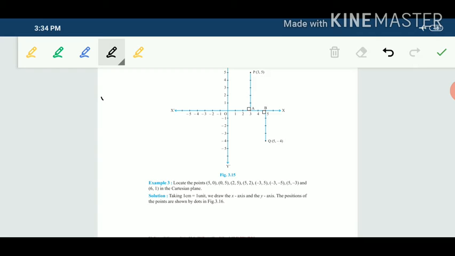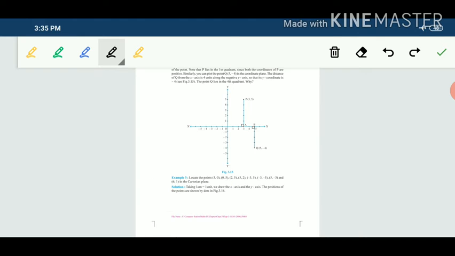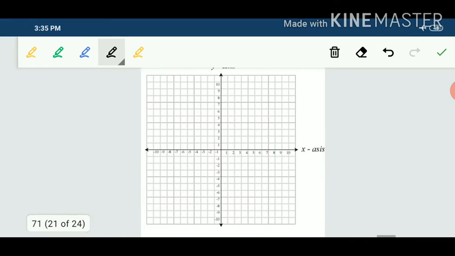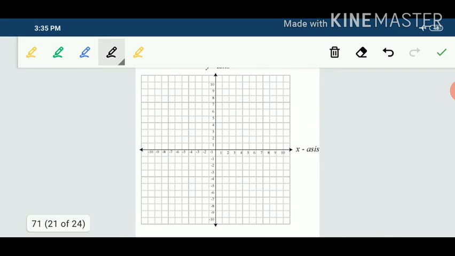Now we have to plot these coordinates in the Cartesian plane. The first point given is (5, 0). So the value of x is 5.